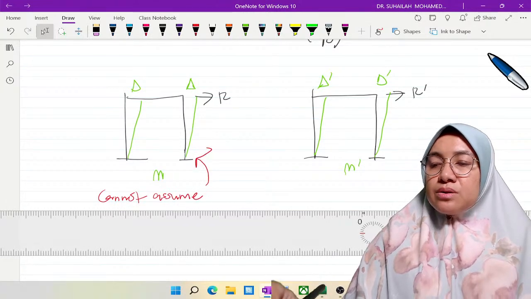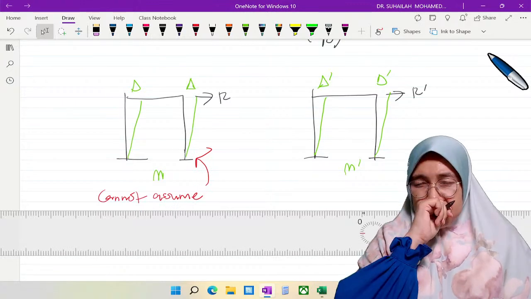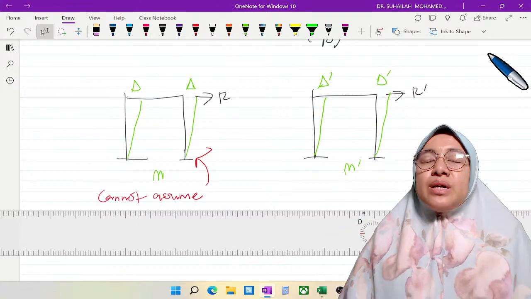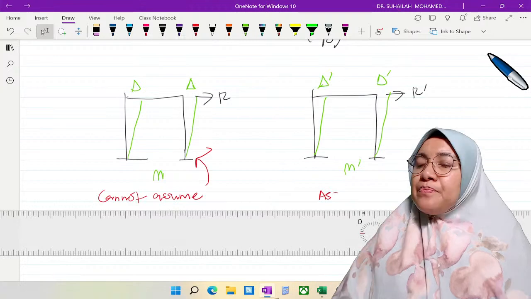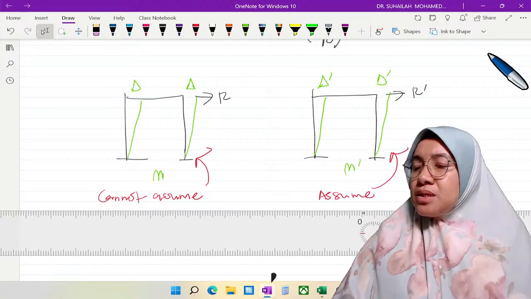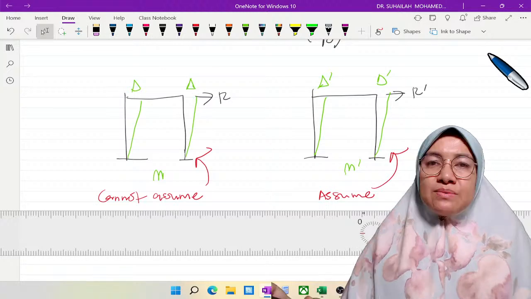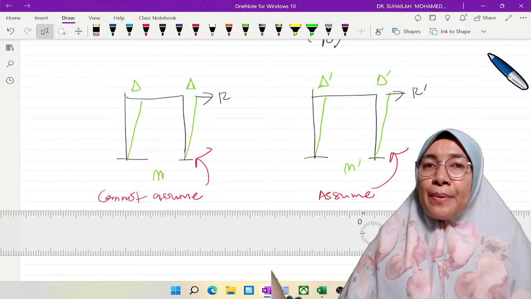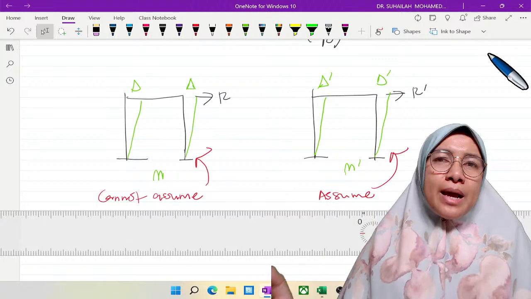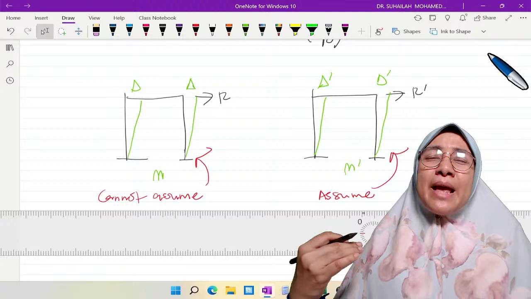So what we actually assume, based on the diagram, is subjected to R prime. Due to R prime there will be delta prime, and due to delta prime there will be M prime. And the moment in table number 2 is M prime.